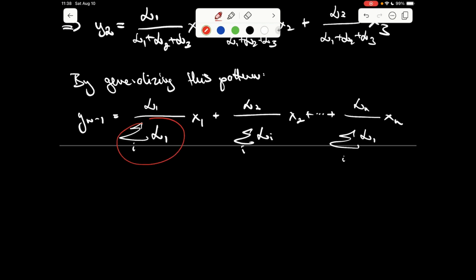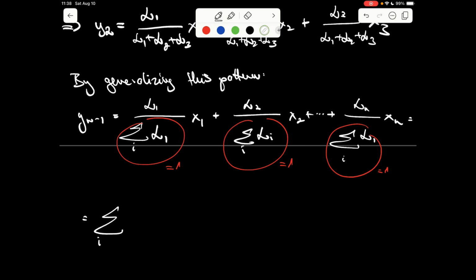Please note, this is 1, this is 1, this is 1. So finally, we can say that it is a convex combination.